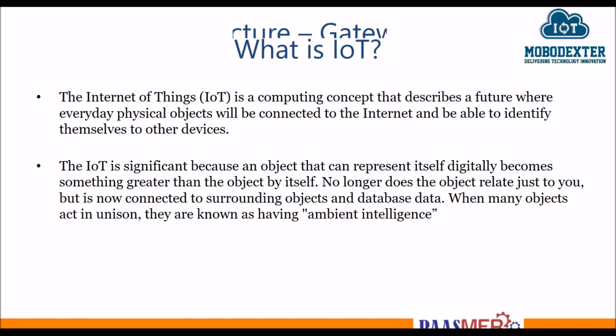A thing is a physical object, a digital representation of a physical object. Once the physical object is represented in digital format, it has the capability to interact with each other and connect these things with the internet. The data we get from things can be sent to the internet, and we can develop many different applications based on this data. That is about Internet of Things.